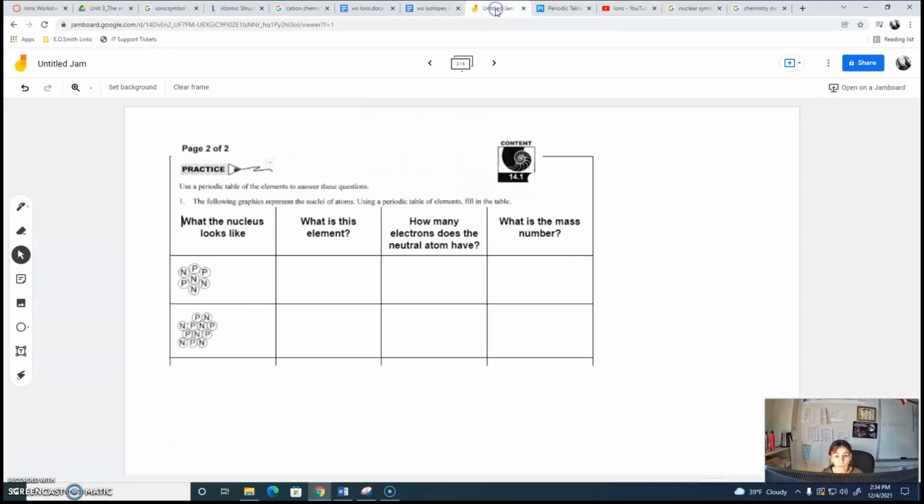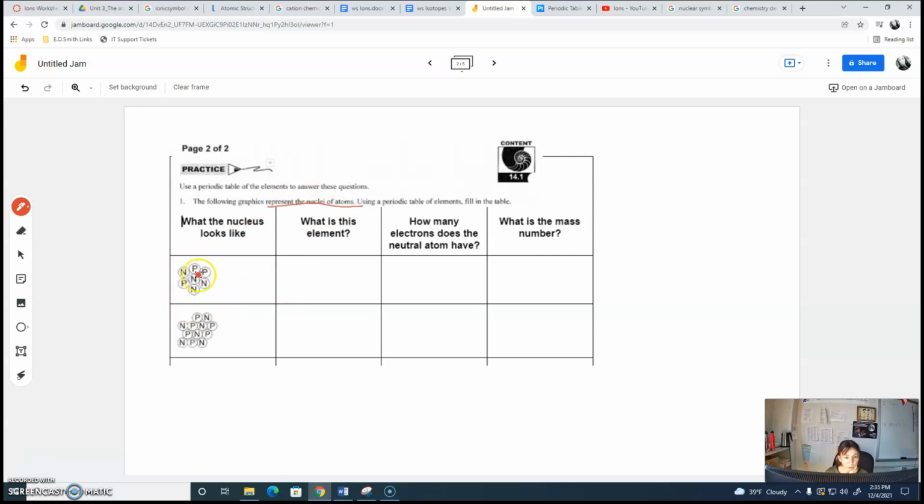All right, so let me go to my Jamboard and show you guys how to do this. Let's start off with this first one. Using a periodic table, it's asking you to answer these questions. This diagram is representing the nucleus of an atom.